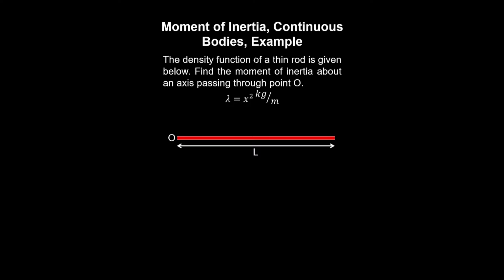Let's find a moment of inertia of a thin rod with a non-uniform density about an axis passing through point O. So recalling the definition for the moment of inertia, which we'll write in terms of the x variable, where x is the distance to an element of mass, dm.